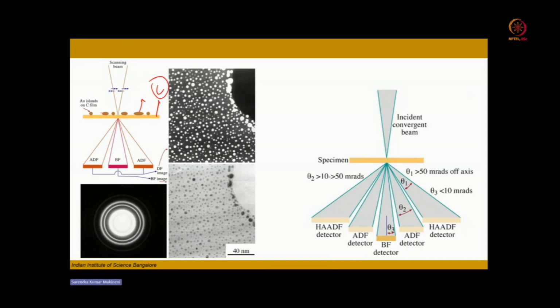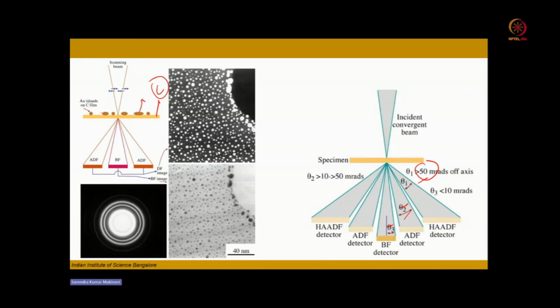Depending upon the atomic number, it can scatter at an angle theta. Higher is the atomic number, higher will be the scattering angle. So it can scatter by theta 1, theta 2 or theta 3 depending upon the atomic number. So theta 1 is the highest, greater than 50 milliradians off axis, then theta 2 and theta 3.